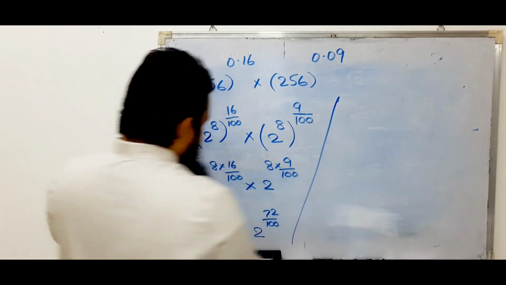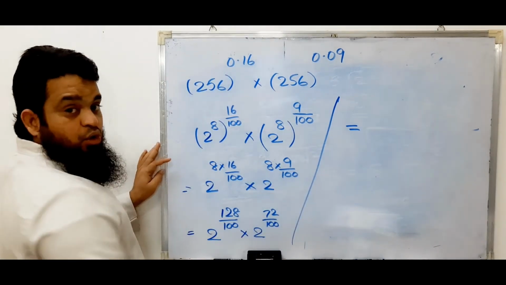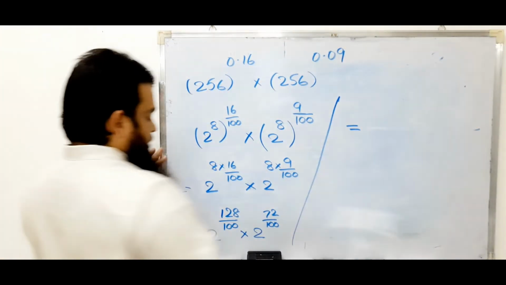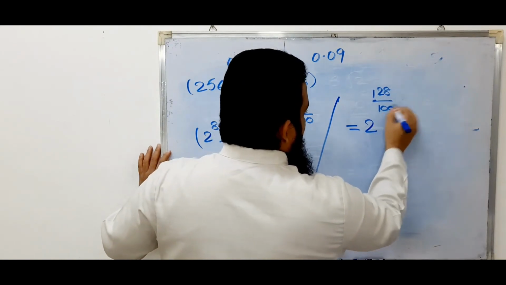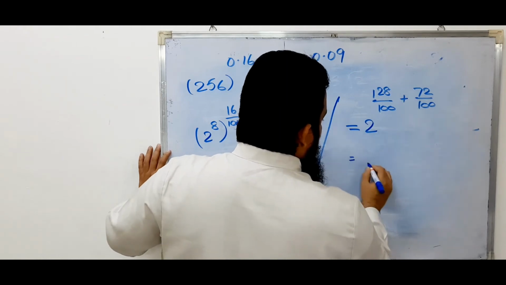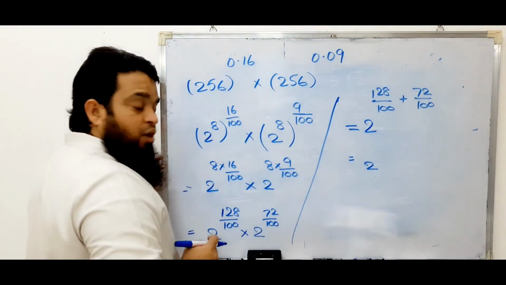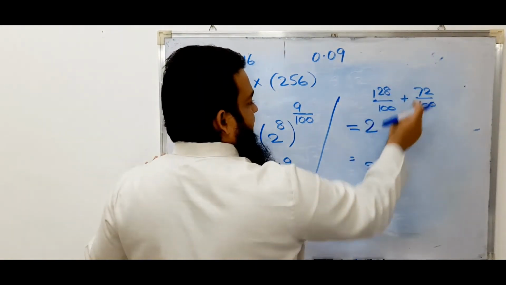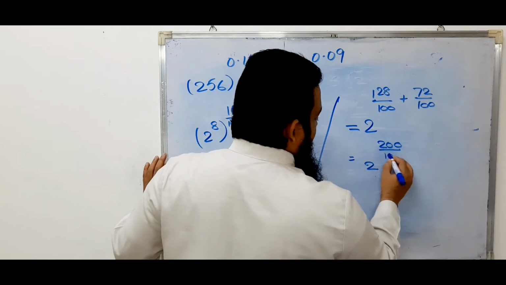So now here the bases are equal and they are in multiplication, so I can add the powers. So 2 to the power of 128 by 100 plus 72 by 100. When like terms have equal denominators, you can add the powers. 128 plus 72 is 200 by 100.